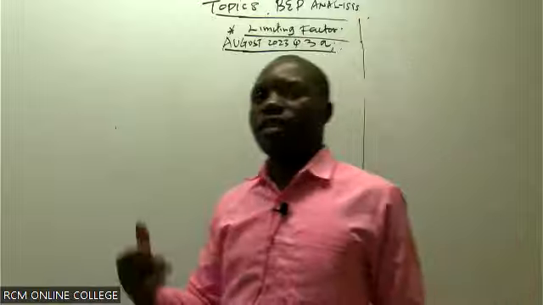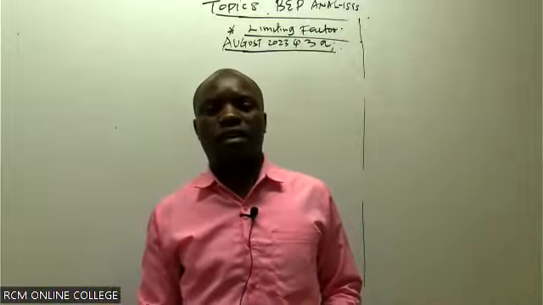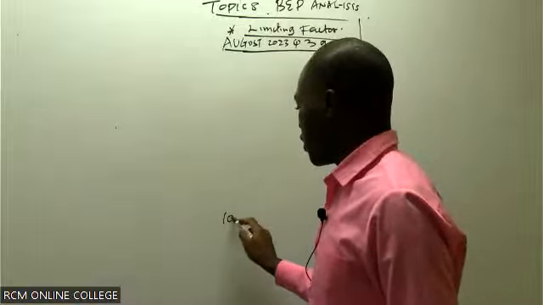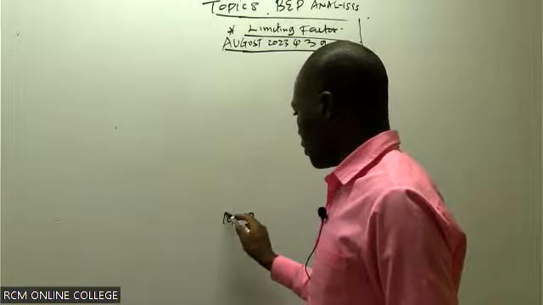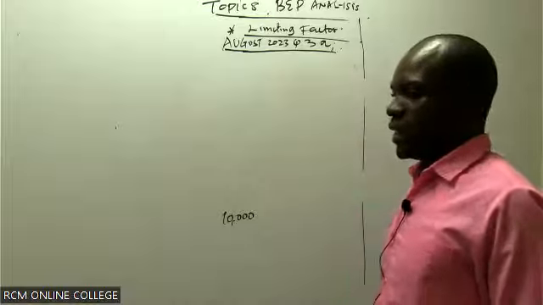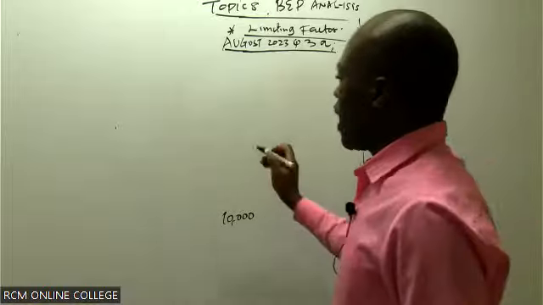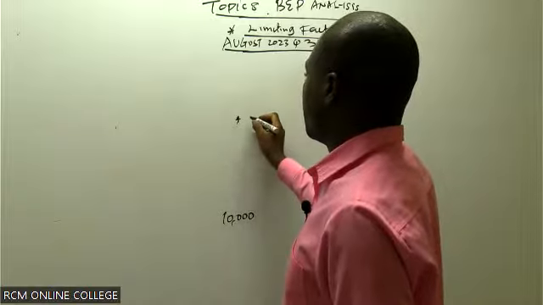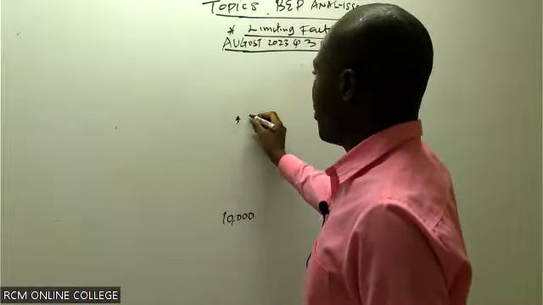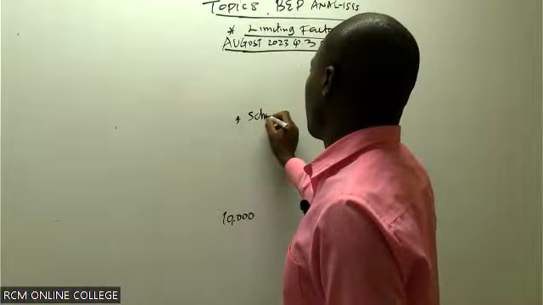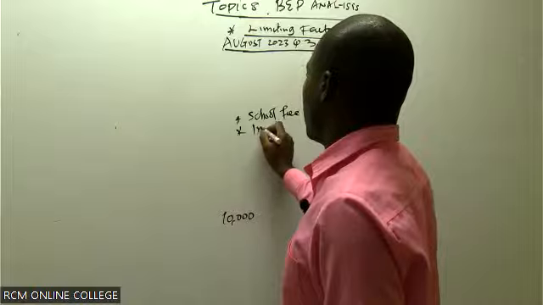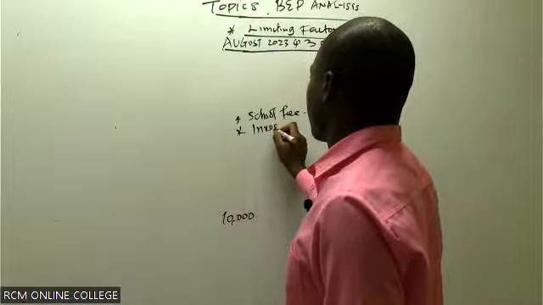If you are told to give us the definition of a limiting factor, start it from yourself. You have income, and you need to pay for some expenses. One, you are supposed to pay school fees. You are supposed to do maybe investments or saving.